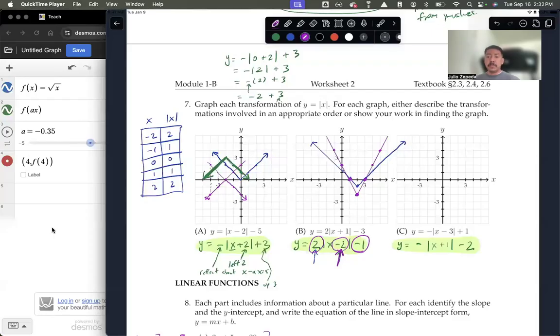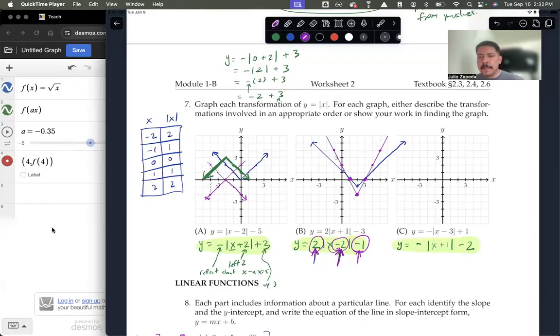But I actually do prefer to do it in terms of the order of operations. So since x would be subtracted by 2 first, I should go to the right 2, and then the 2 would be applied before this -1. So I should vertically stretch by a factor of 2, and then subtract 1. Okay, but I'll leave it like that.